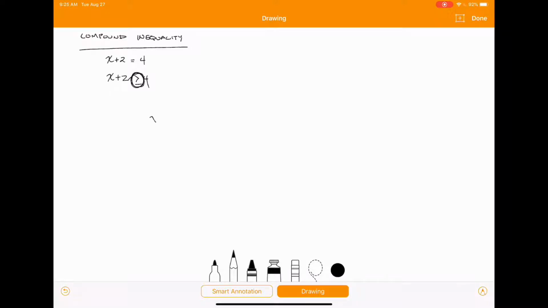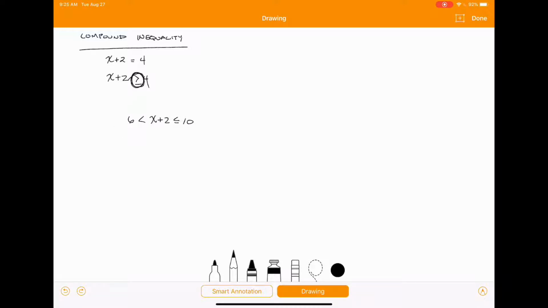So if we've got our x plus 2, and that is less than or equal to 10, but also x plus 2 is greater than 6. So as you can see, there are two values now that are being related to this inside x plus 2 value.